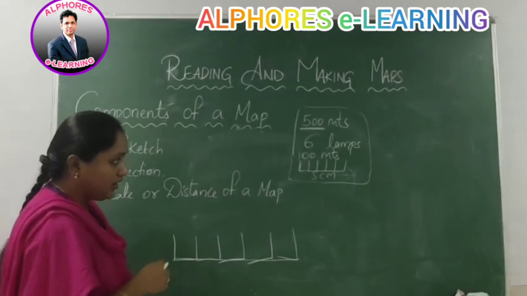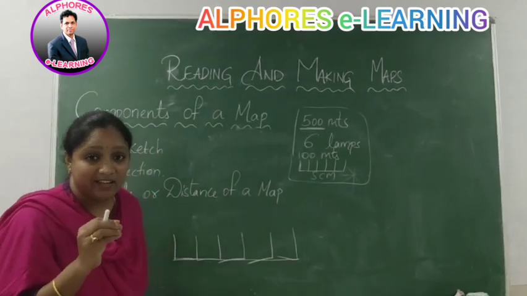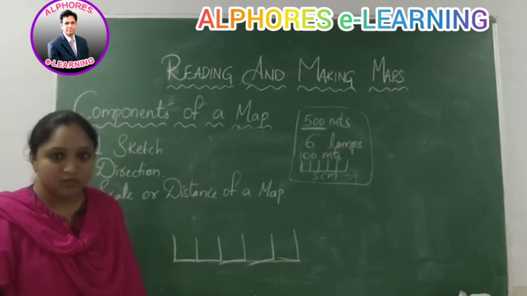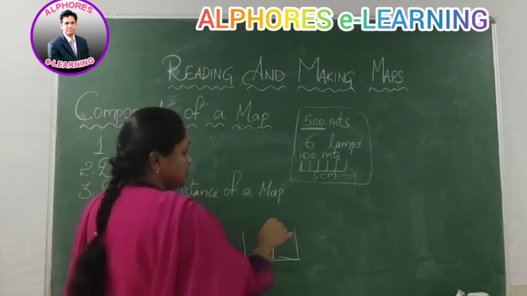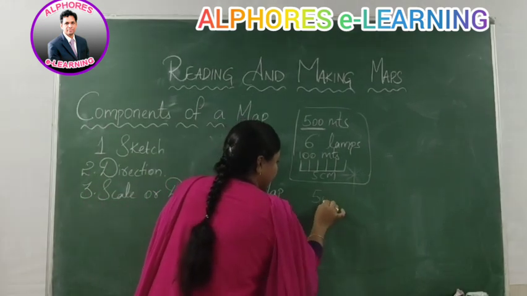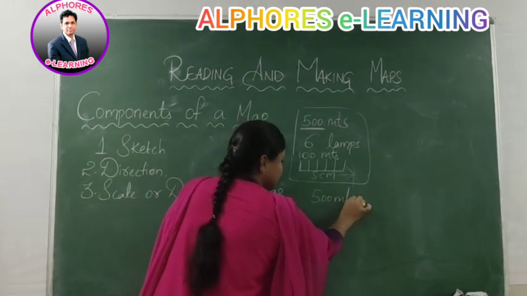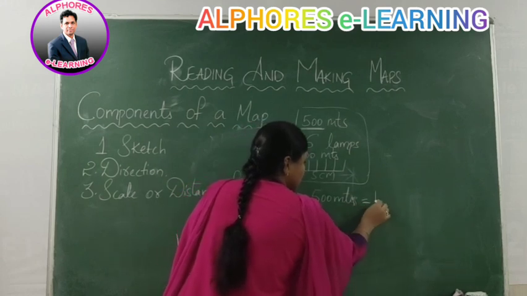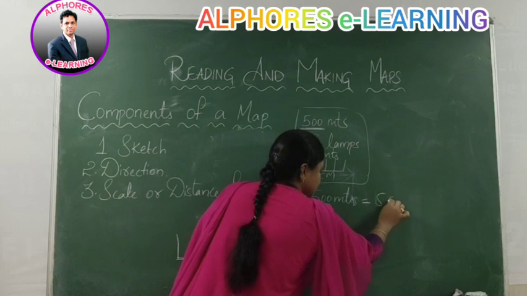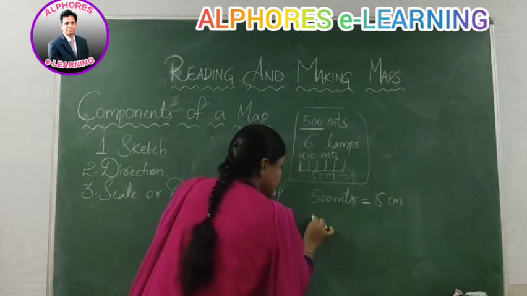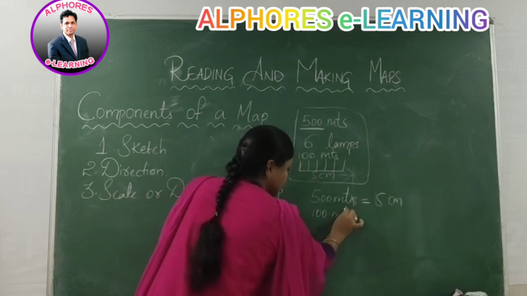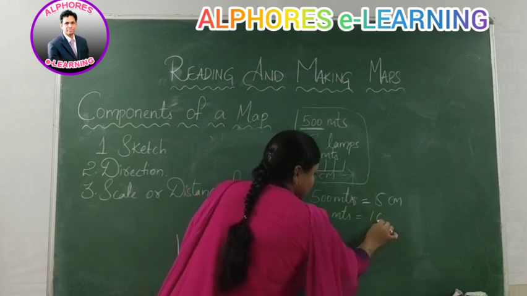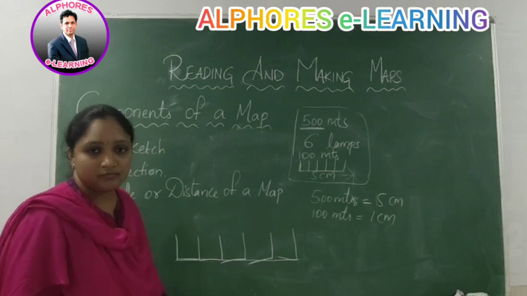So I'll just tell you here, whatever scale we take on a map will be different on the ground surface. For example, what he did here: 500 meters equals 5 centimeters, and 100 meters equals 1 centimeter, right?